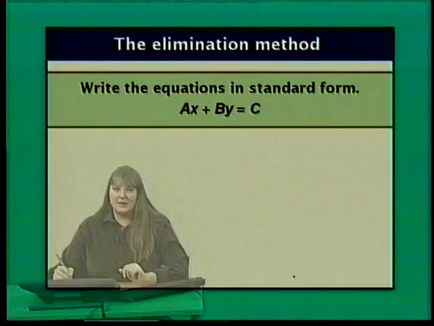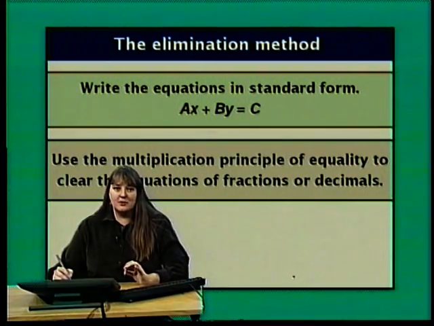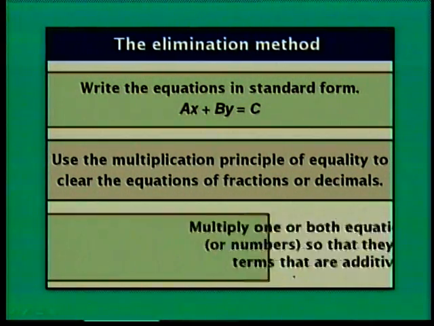So now let's do a summary of the elimination method. In the elimination method, we want to write the equations in standard form, ax plus by equals c. Essentially what we're doing here is making sure that the variables are on the same side of the equal sign. And then sometimes we'll use the multiplication principle of equality to clear the equations of fractions or decimals. This just will make our arithmetic easier in our solving process.